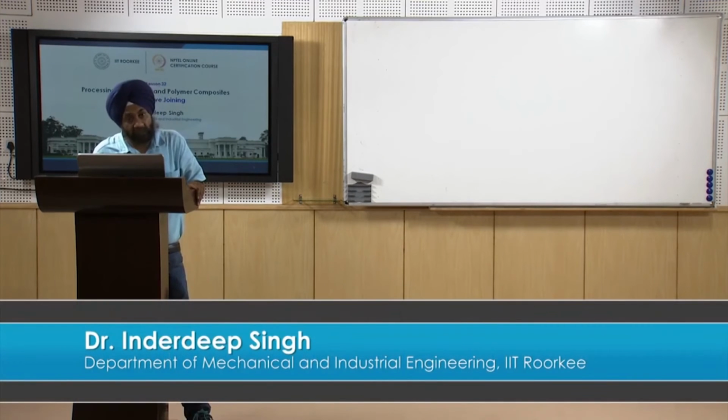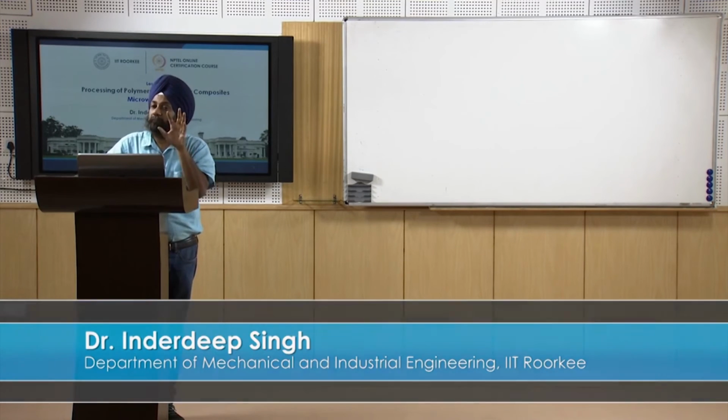We have already discussed how much heat is generated, or how the material will react to the exposure of the microwaves. It depends upon the electrical and the magnetic properties of the material. Similarly, it also depends upon the dielectric properties of the material, specifically in case of polymers, because they do not contain the permanent dipole.